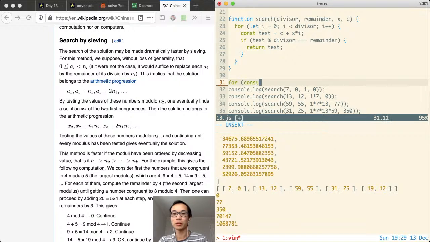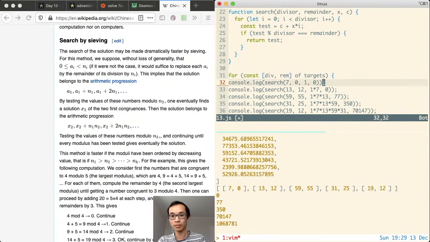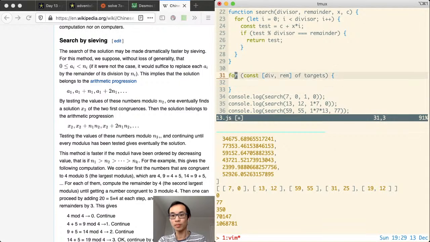So now we just need to write this into a loop. For const, I guess we go factors, right? Div rem of targets. Is it targets? Targets, yeah. Let prod equals 1.